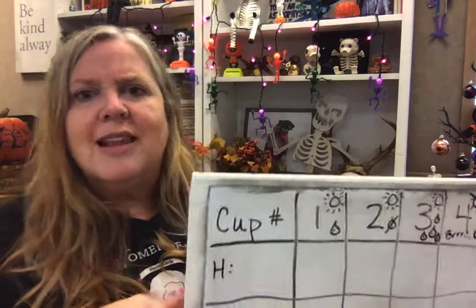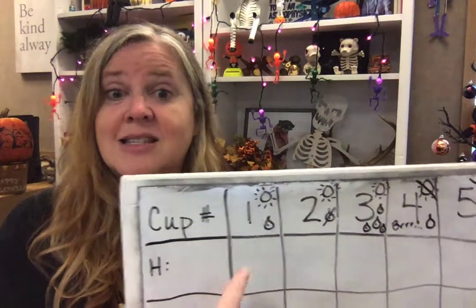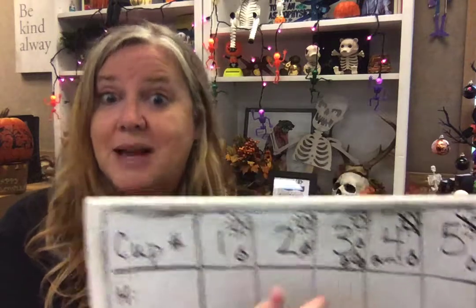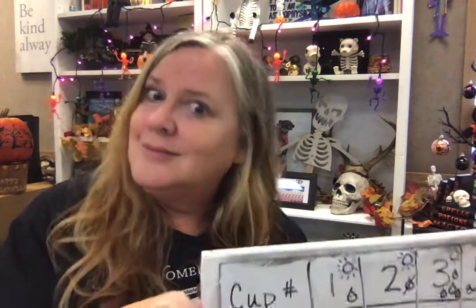So maybe you put the letter B for best under the cup you think is the best condition, and a W for worst under the one you think will be worst. So let me show you how to set this up. Also, if you forget, the next slide has everything written out, your materials and each step and where to put each cup and all of that.